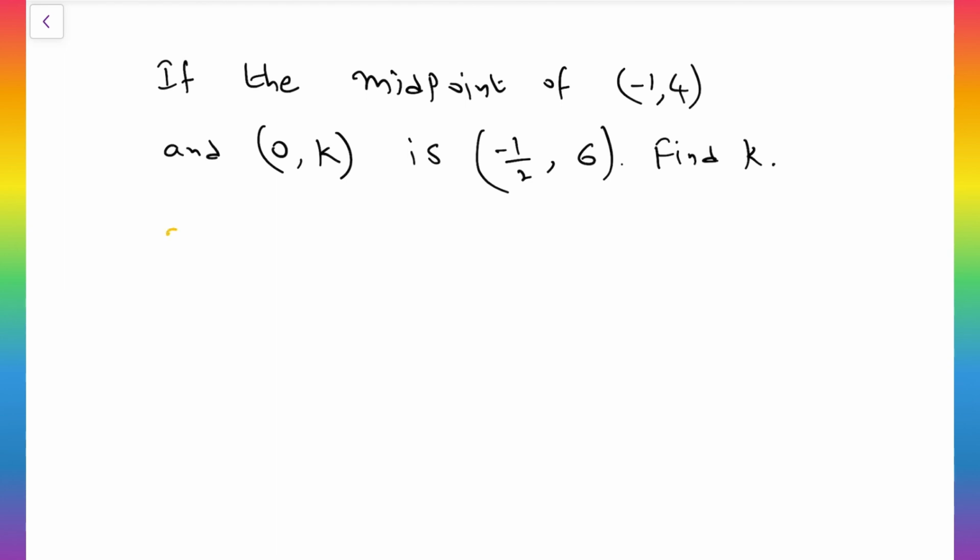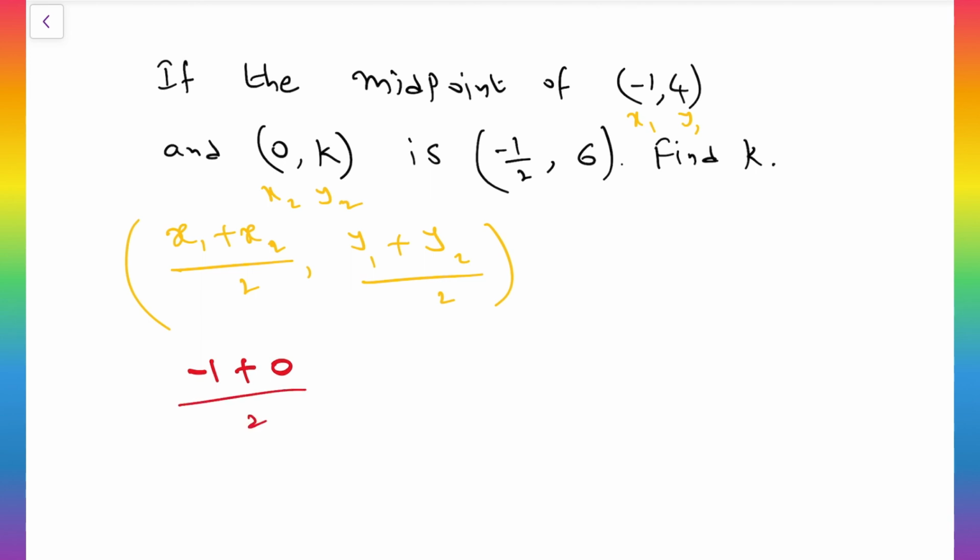So then write the formula x1 plus x2 by 2 comma y1 plus y2 by 2. This is x1 y1 and this will become x2 y2. So let us substitute in the formula now. x1 is minus 1 plus x2 is 0 divided by 2 comma y1 is 4 plus y2 is k divided by 2.